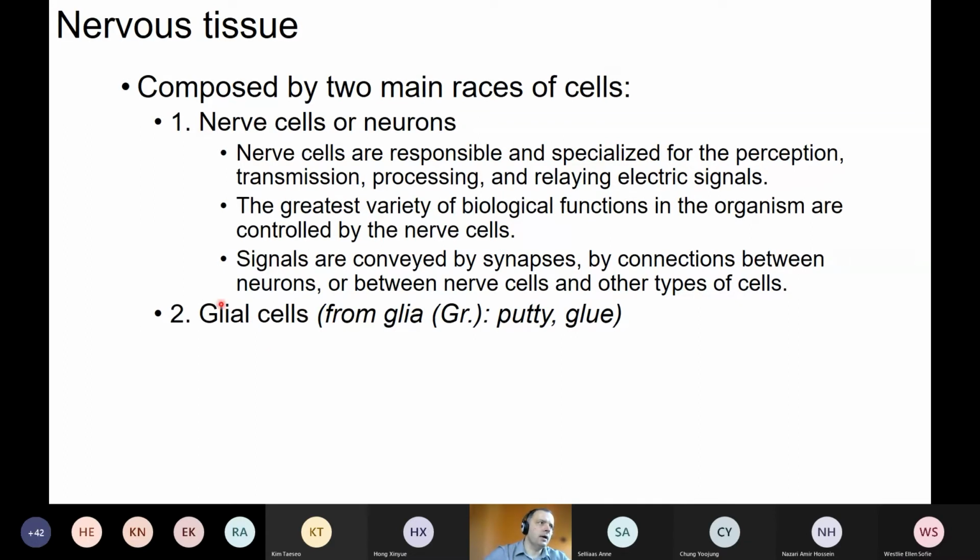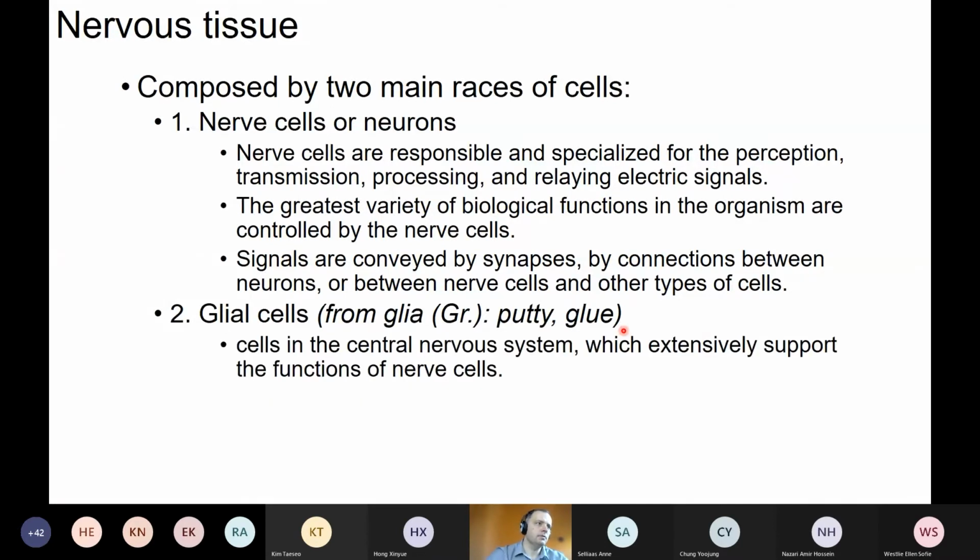So we know now that they are much more important than just filling the space, like glue would fill the space between two objects if you want to fix them together. We can find them in the central and in the peripheral nervous system, and besides their mechanical support, they also have several functions, as you will see.